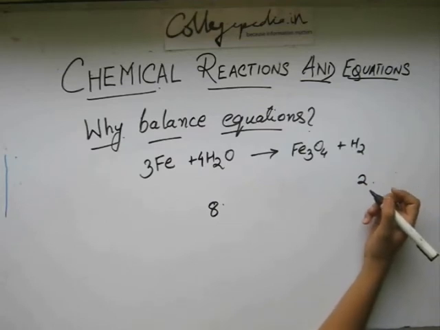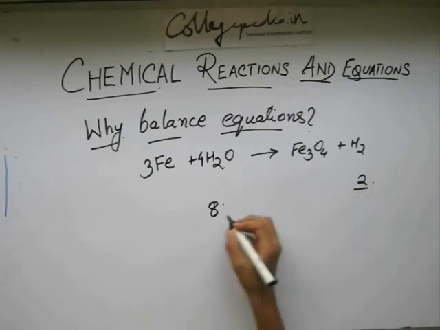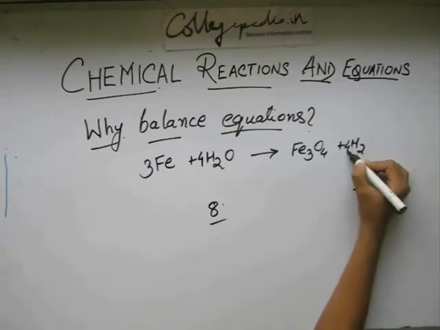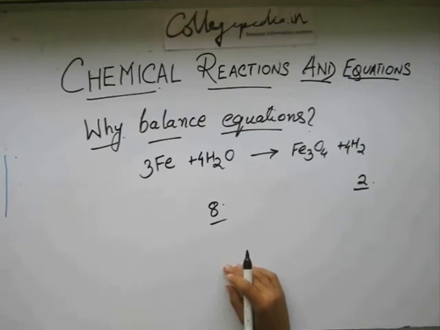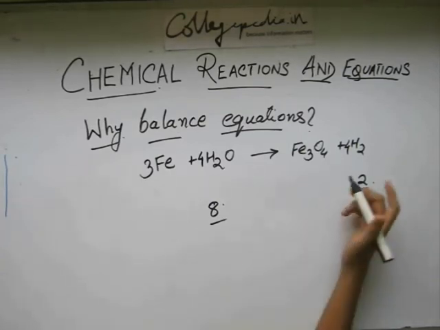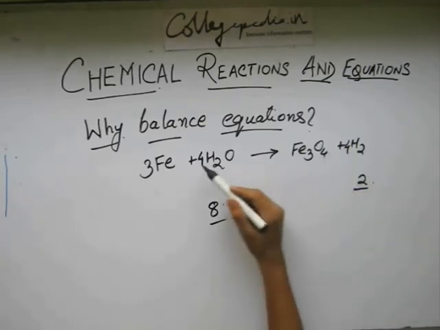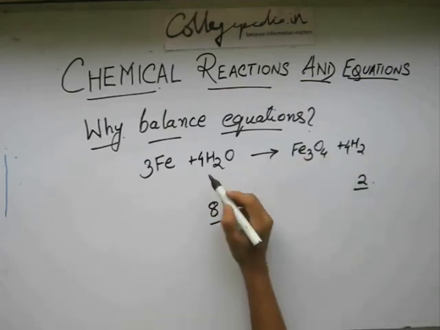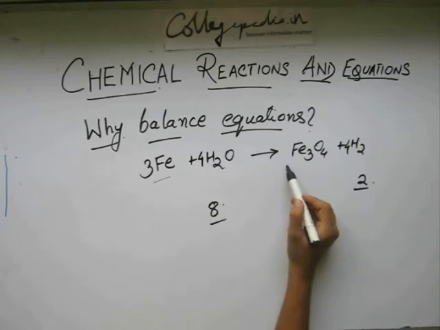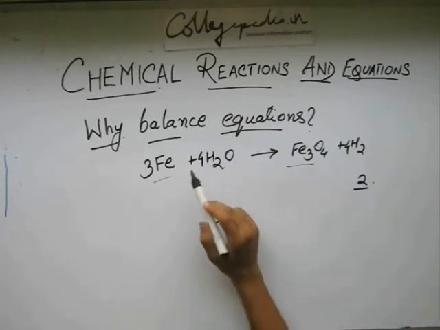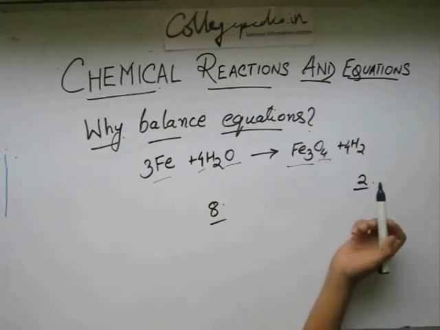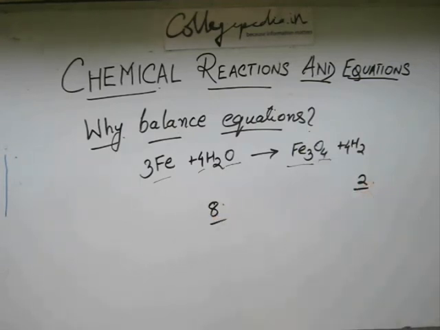So in order to make this 2 into 8, you must multiply it with a 4. So 4 into 2, 8. So hydrogen is also balanced. Iron was balanced, we balanced it at first. And oxygen is also balanced. So the whole equation is balanced.